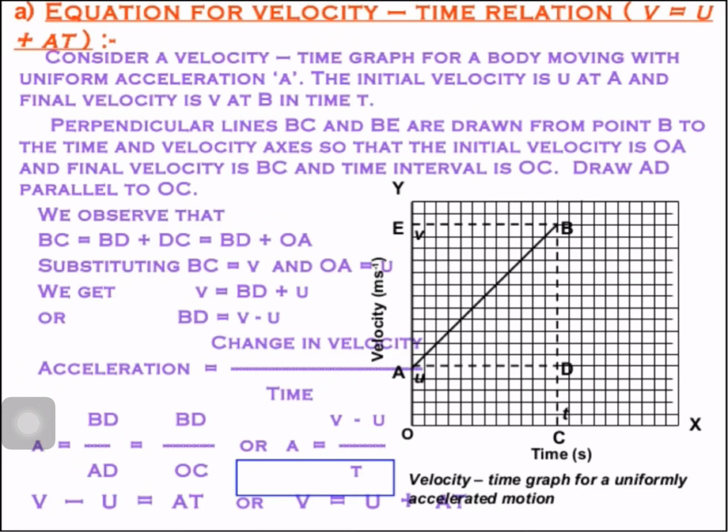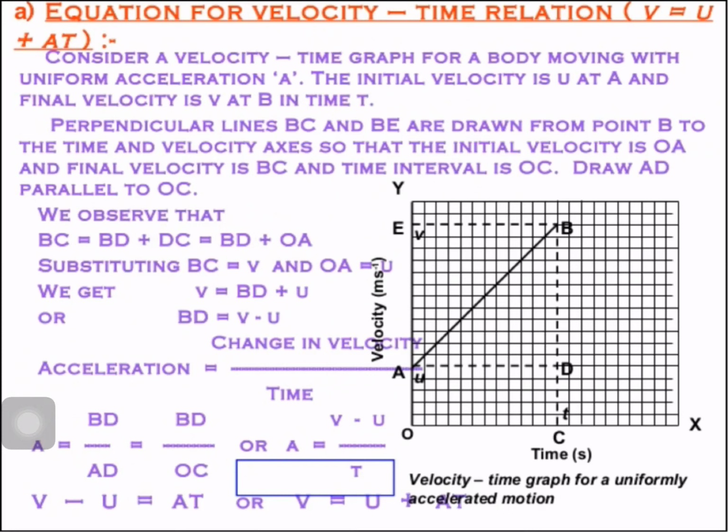From the graph you can see BC. What is BC? BC equal to BD plus DC, where DC is nothing but OA. Substituting the values, BC equal to V, the final velocity, and OA is the initial velocity U. So we can write V equal to BD plus U, or BD equal to V minus U. Straight away here we can use the formula: acceleration equal to change in velocity by time taken.